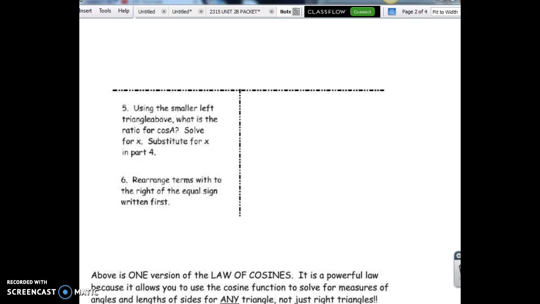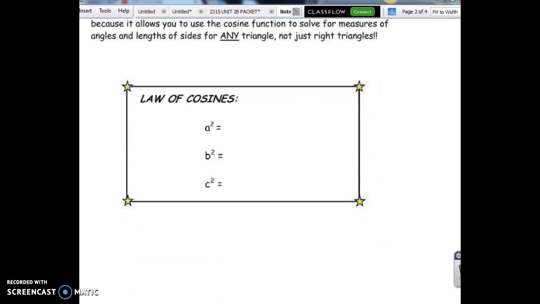And I'm just going to give you the formula. Now in our formula, we have our side squared, and I'm going to start with this last one. It kind of looks like the Pythagorean theorem. C squared equals A squared plus B squared, but there's more to it.